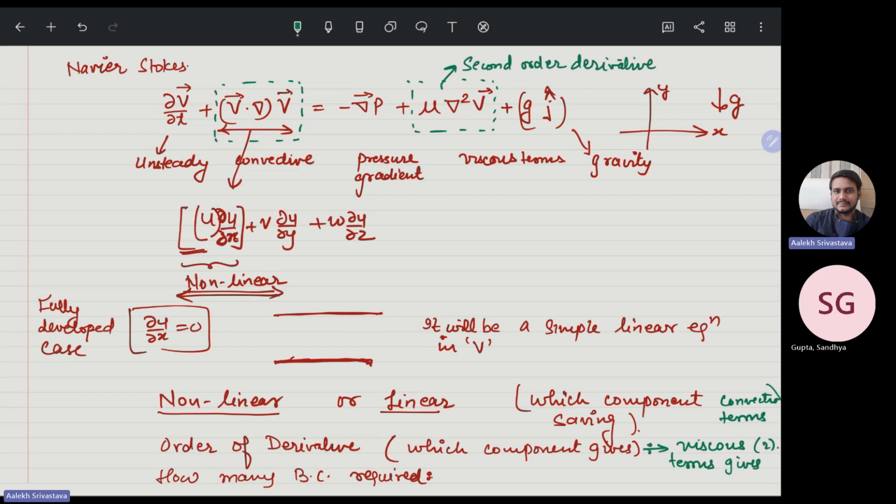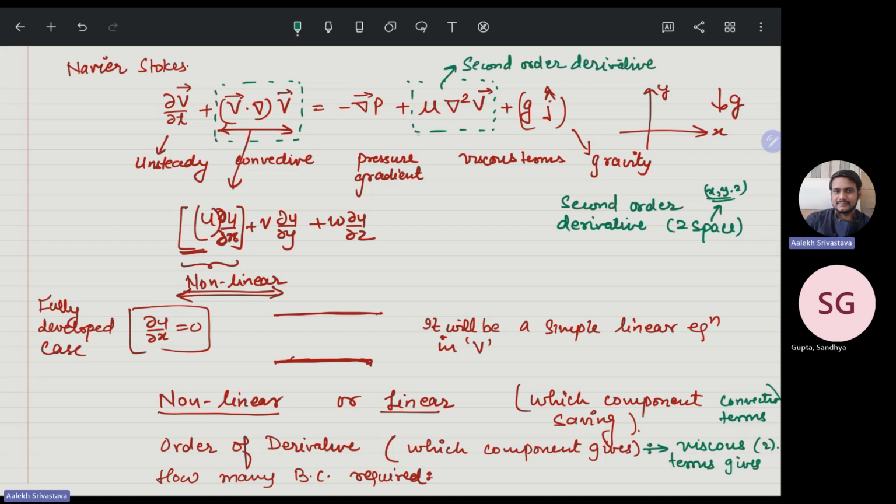Now, how many boundary conditions are required? If you solve for the velocity field, because of the second order derivative, we require 2 in space. Space means x, y, and z, or whatever we say. If it is in x, we require 2 in x; if it is y, 2 in y.